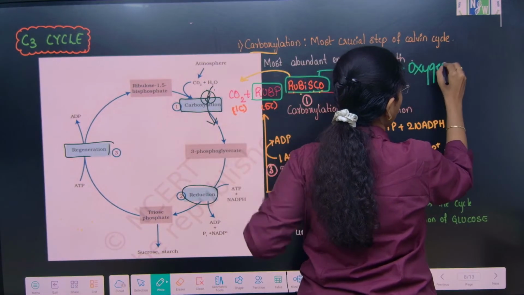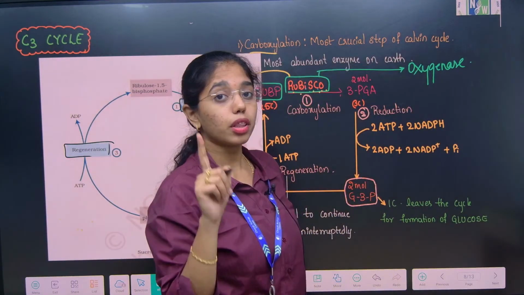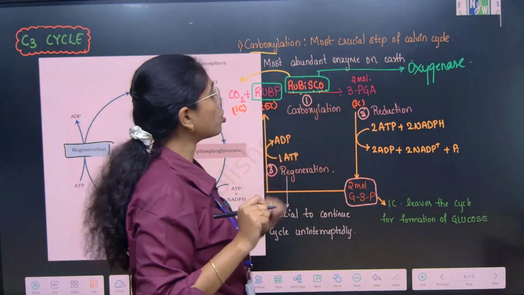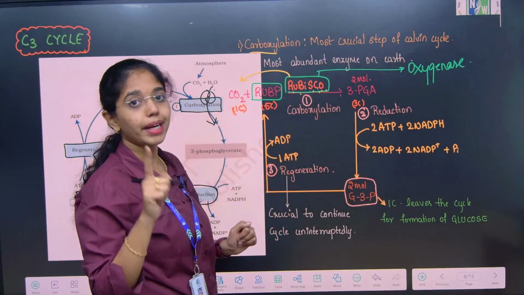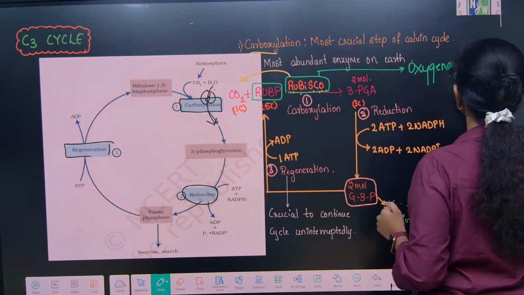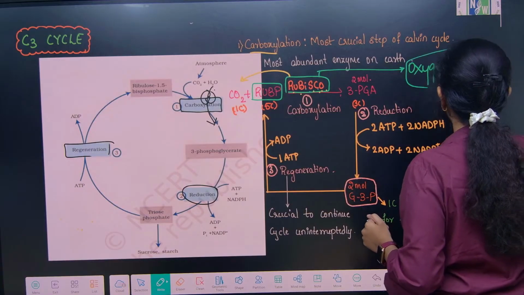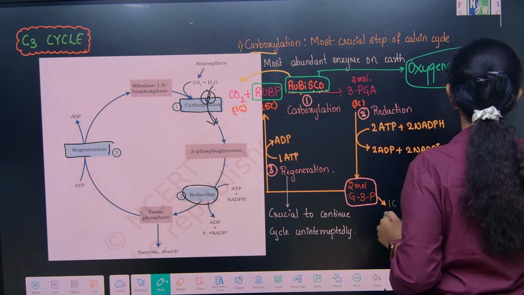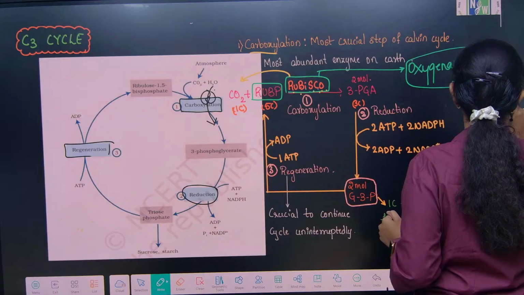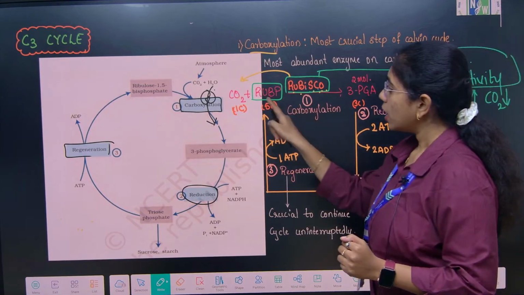This is one major drawback, okay, of this enzyme. And remember this point also, Rubisco is known as the world's most abundant enzyme.